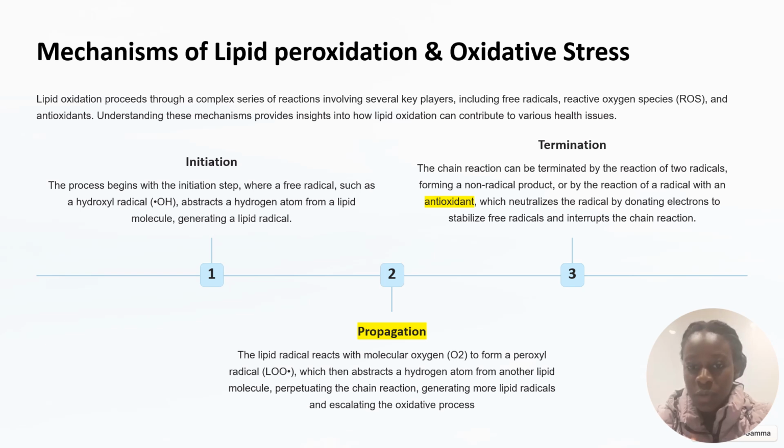I'd like to emphasize the propagation period, which induces the oxidative stress, and also bring to your attention, for you to keep in mind, the antioxidant that counters this reaction. It terminates the lipid peroxidation and most often cancels the oxidative stress.